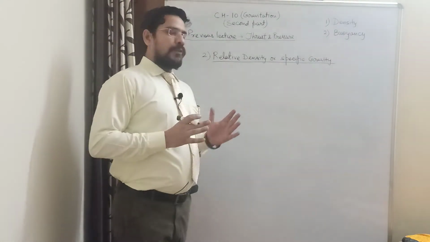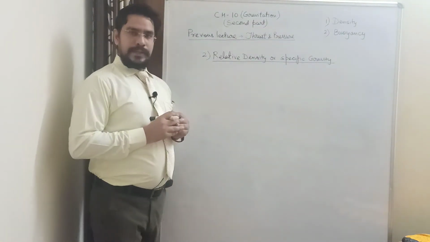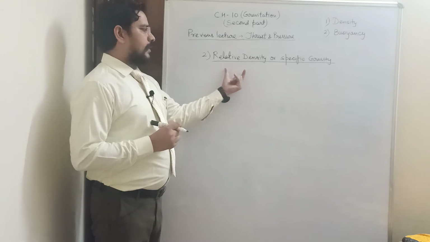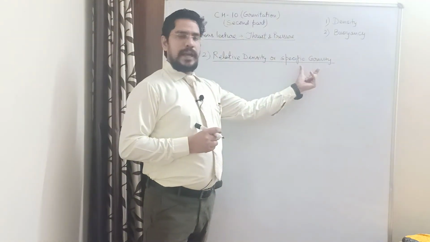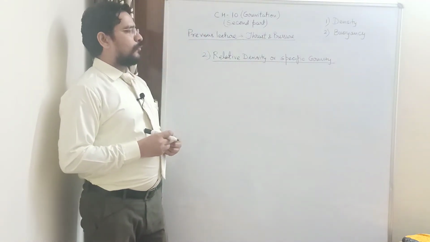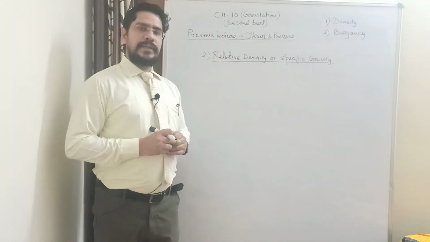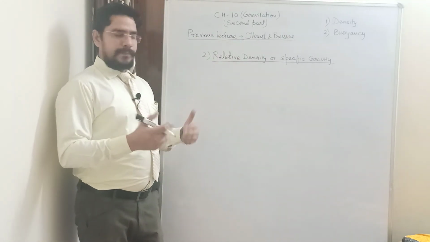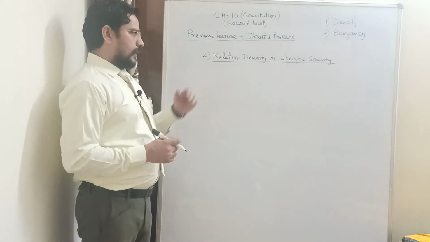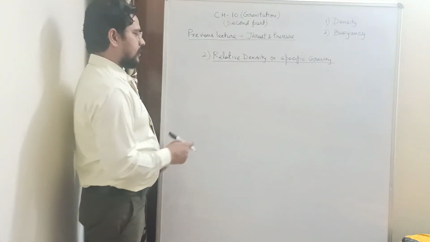After discussing density, now it is very important to discuss relative density or specific gravity, as these concepts are very useful for understanding the concept of buoyancy and Archimedes principle in my coming lectures. So what is relative density or what is specific gravity?